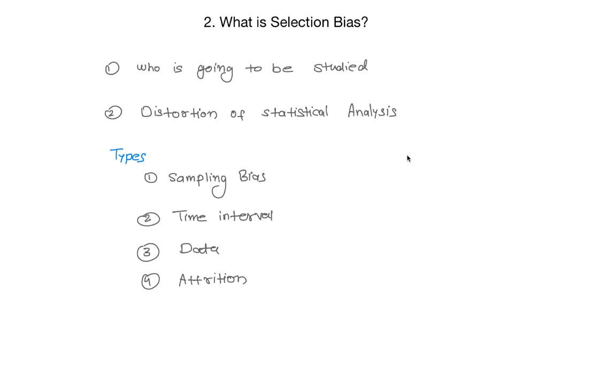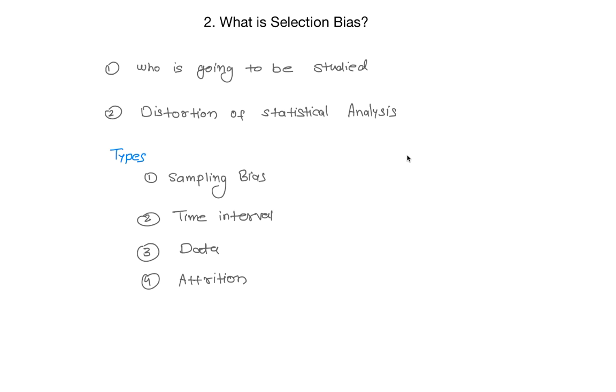For example, if a data scientist decides to use classical machine learning algorithms like decision tree and SVM, then there is a bias. The data scientist is manually deciding which algorithm to select or use. So what are the types of bias? Like sampling bias.